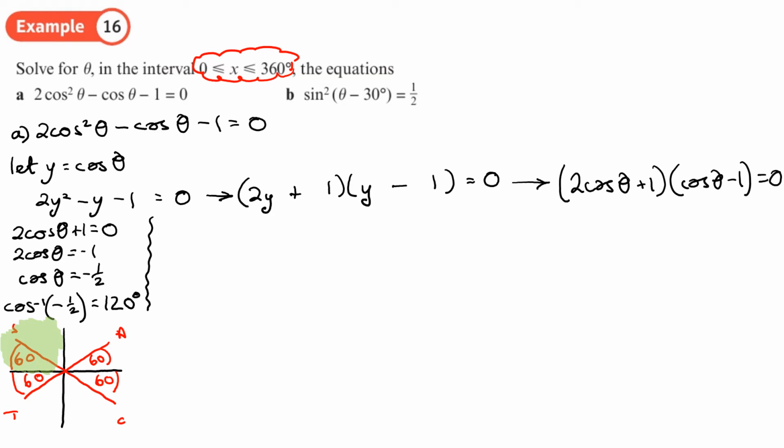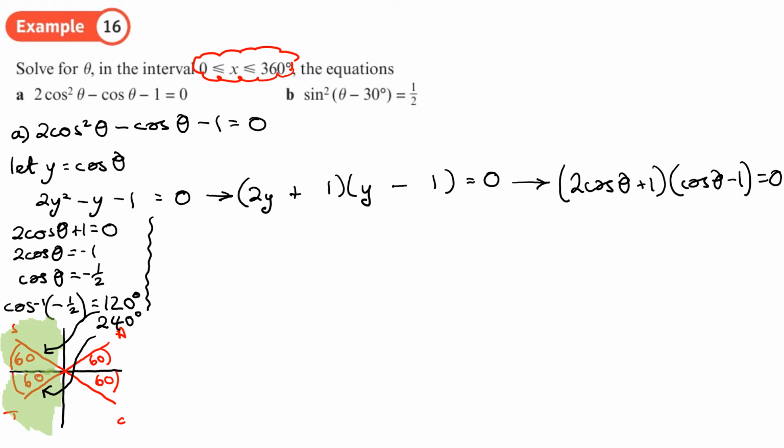Where else is cos negative? Here. So that other solution is going to be 180 plus 60, which is 240. So let's write down 240 here. And that came from this one, and the 120 was the principal solution here.